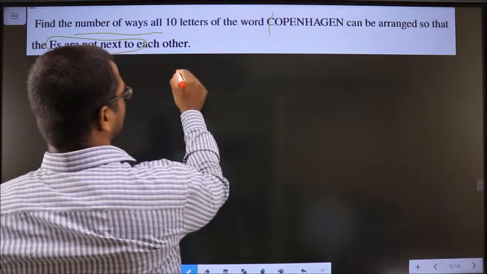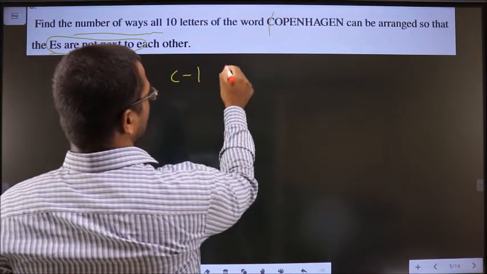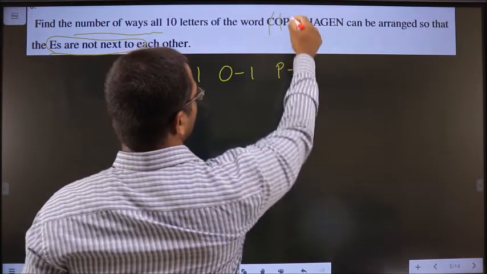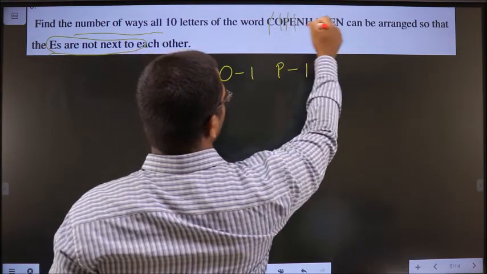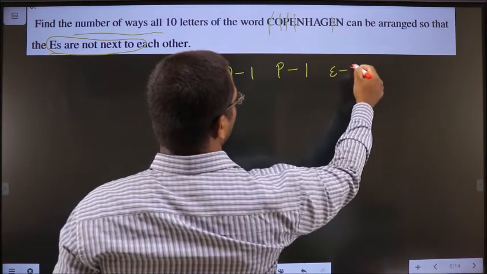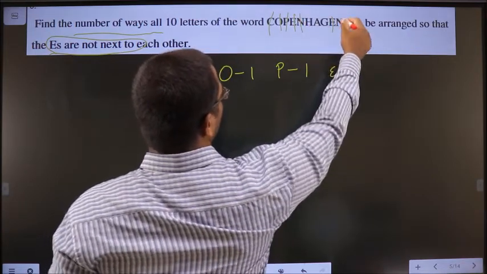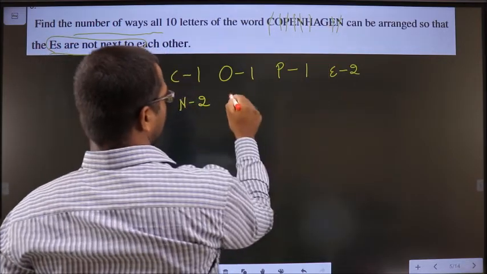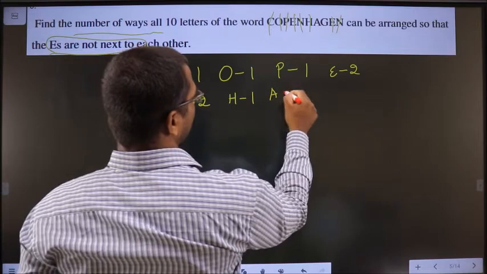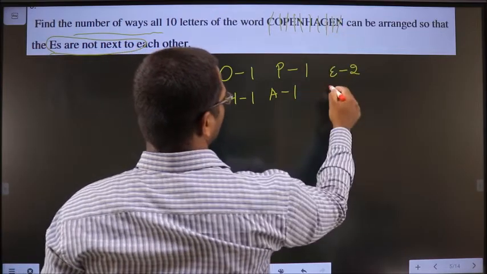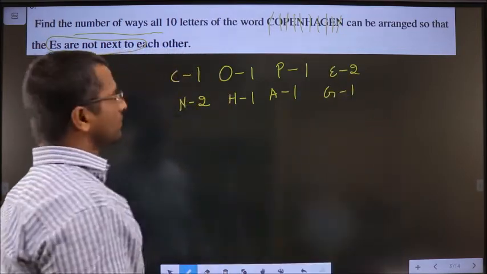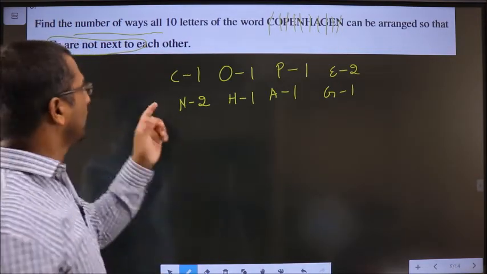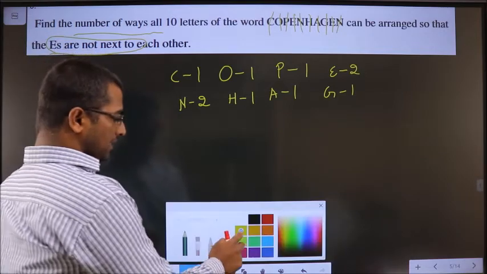C has come once, O has come once, P has come once, E has come twice, N has come twice, H has come once, A has come once, G also has come once. Now the condition is E should not be next to each other.